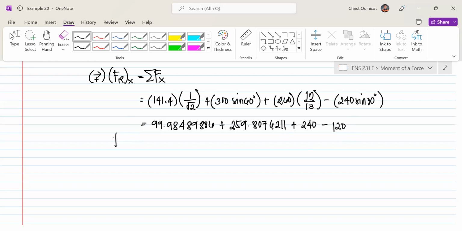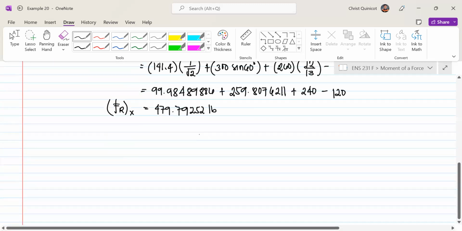So the x component of our resultant force is 99.98489886 plus 259.8076211 plus 240 minus 120, and that is 479.79252 pounds. Okay, next.